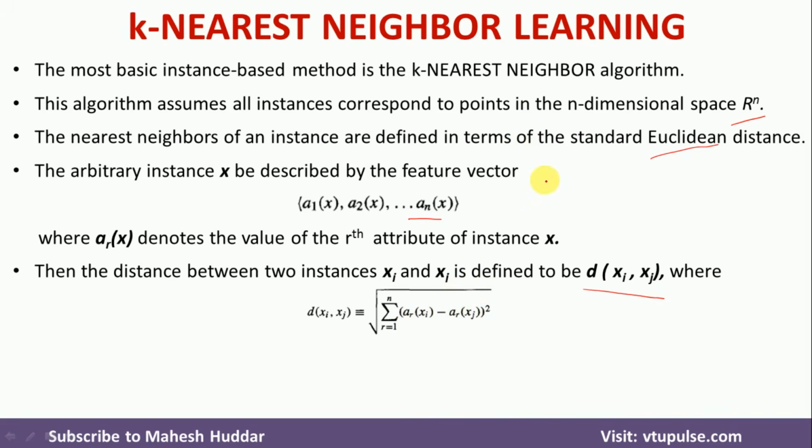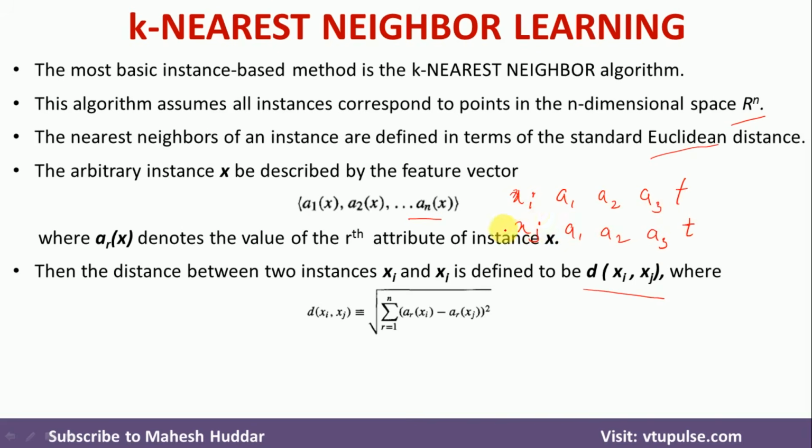Let us take an example here. Let us assume xi is something like this, that is a1, a2, a3 are the attributes, and there is a target here. Similarly, for xj, we have a1, a2, a3. These three attributes will be there for the second instance also.